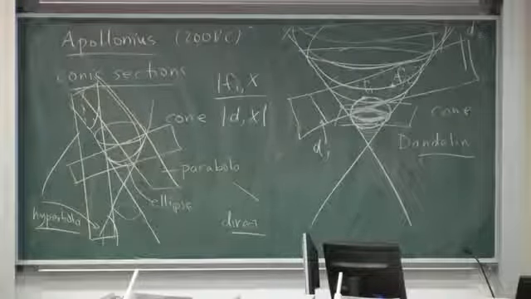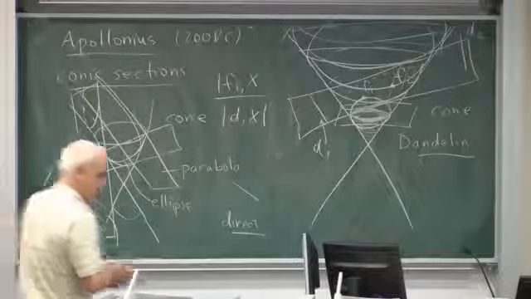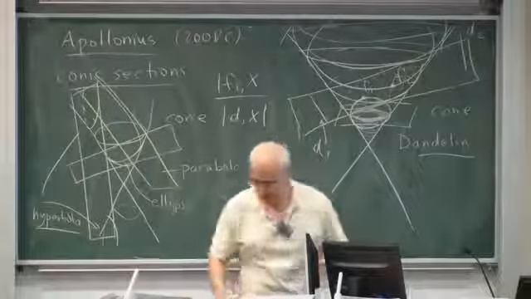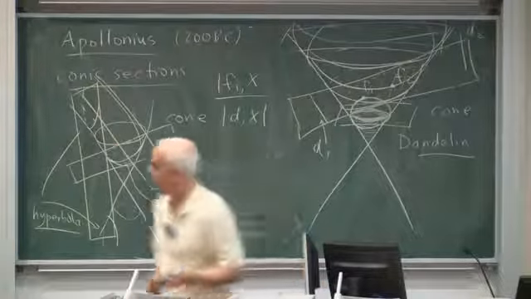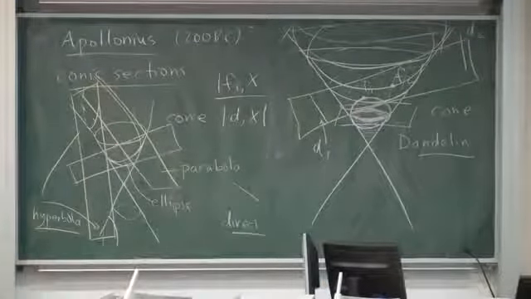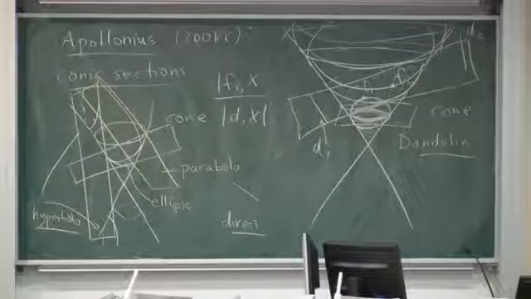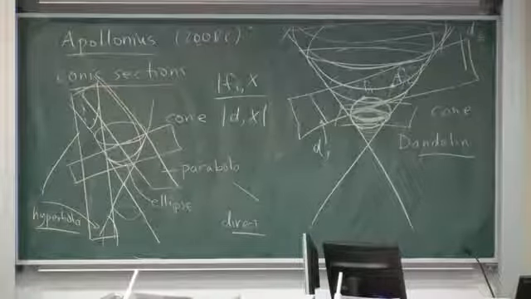Okay, there's one more theorem that I have to tell you about, which is very important for the history of math. That came a little bit later in the story. It's not to do with conics. It's the theorem of Pappus.